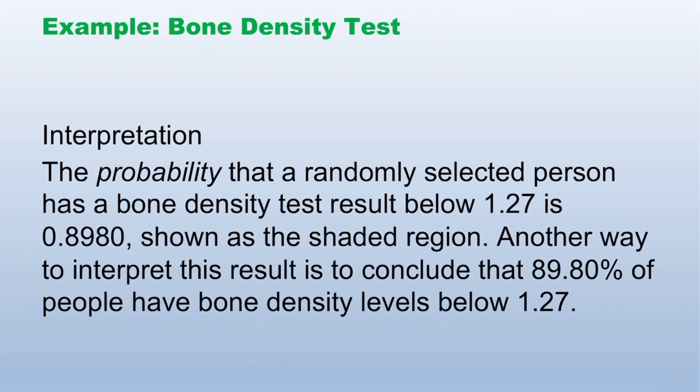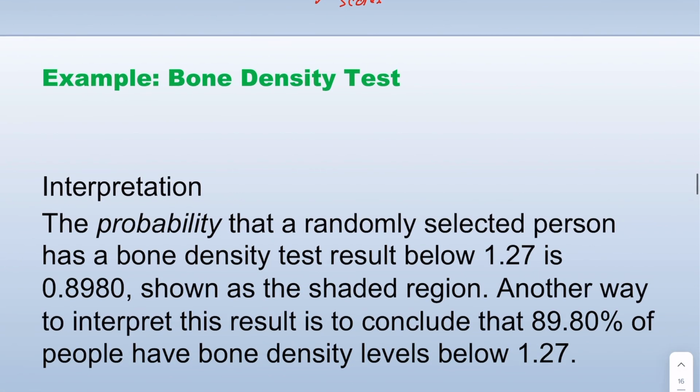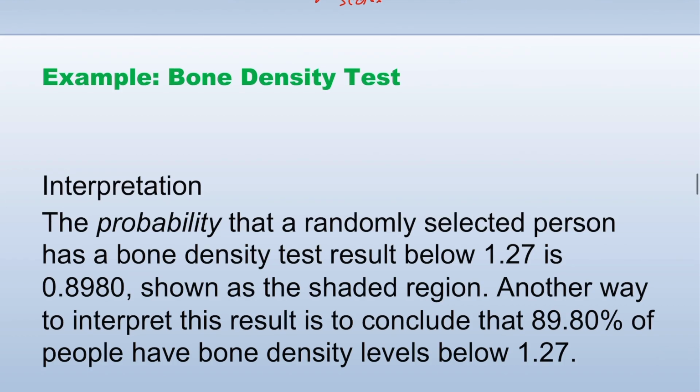And here's the interpretation. The probability that a randomly selected person has a bone density test result below 1.27 is 0.8980, shown as the shaded region, which I shaded. Probability can be characterized as the relative frequency.